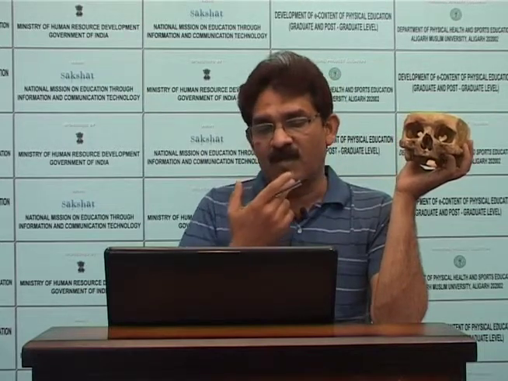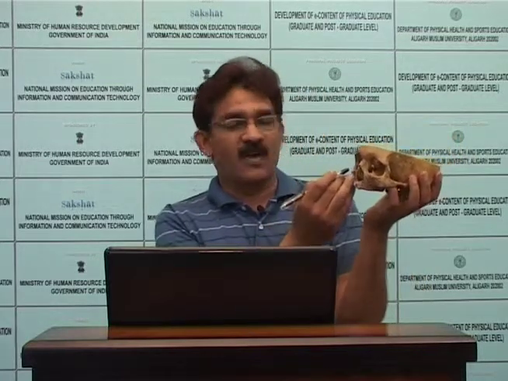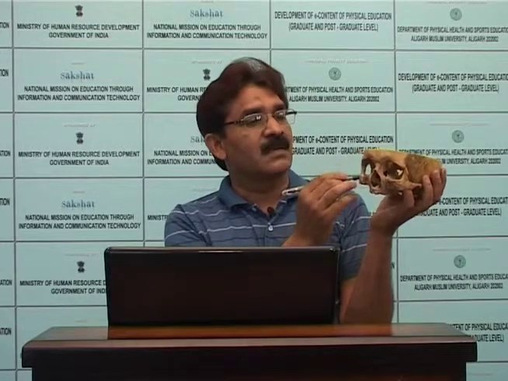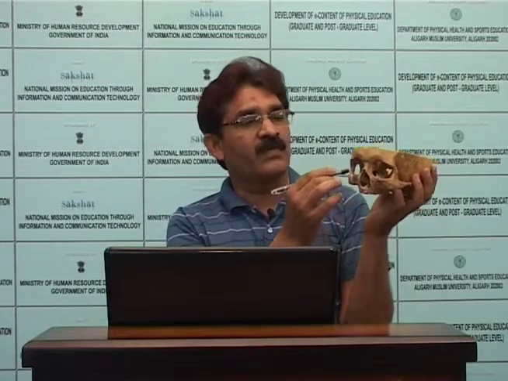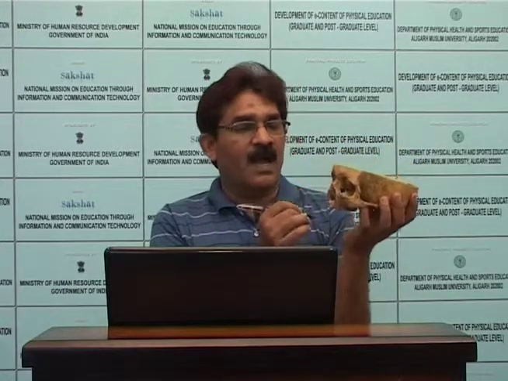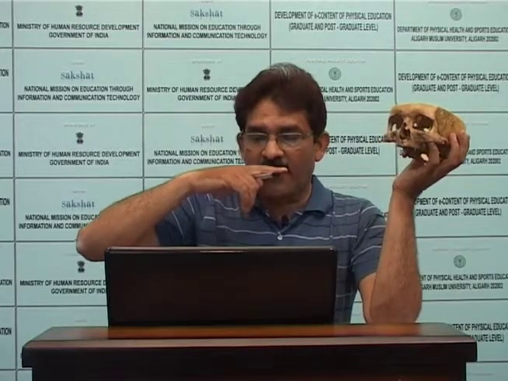This is the mandibular bone, and this is the zygomatic bone. This area is the zygomatic bone, and above the upper teeth the bone is called the maxillary bone.